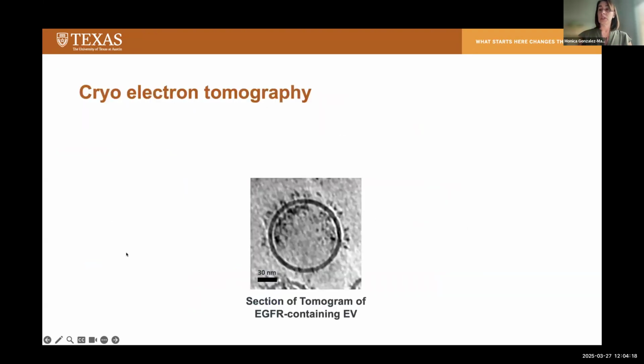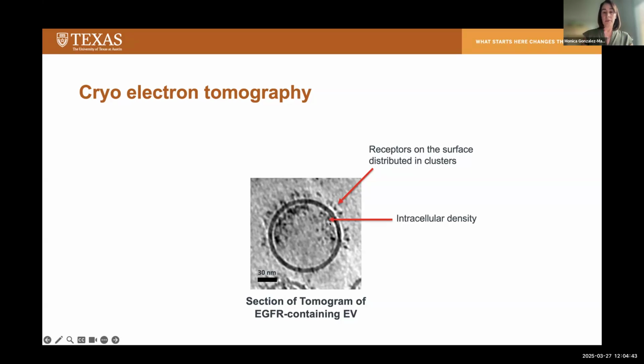Now going back to EGFR, our cryo-electron tomography helped us solve some details of how the receptor is disposed on the membrane. We saw the presence of clusters on the membrane of the vesicles.